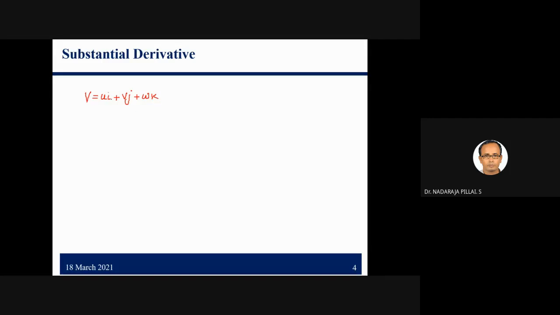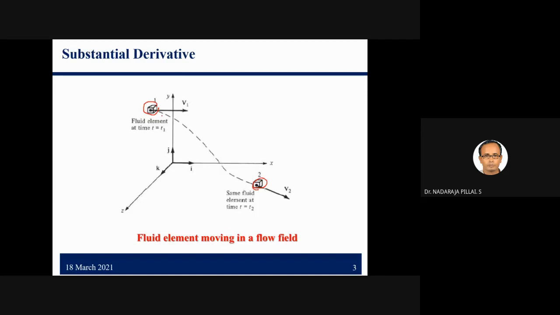So we already know V is equal to Ui plus Vj plus Wk. Here the component U itself can be defined as U of x, y, z and time t. That is the point here.